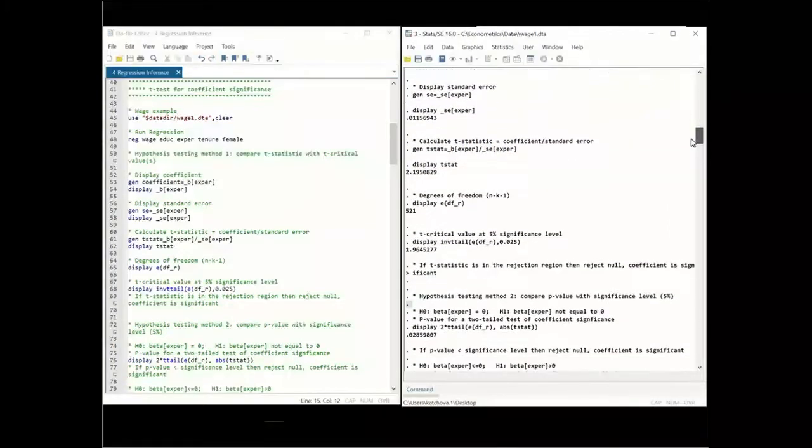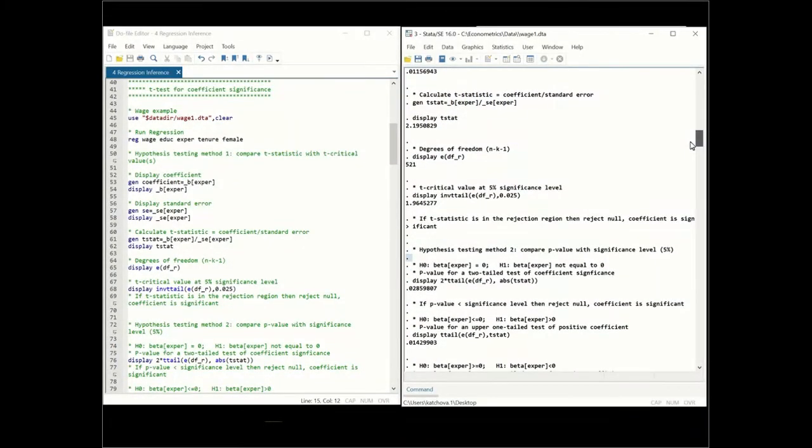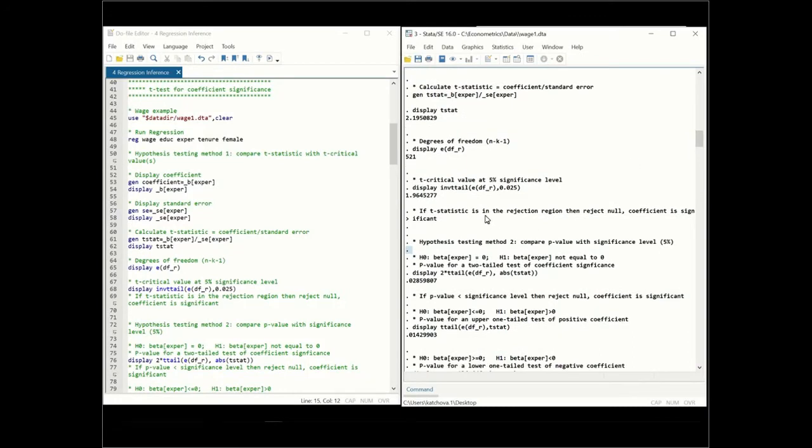Moving on, we can display what the critical value is for the t-test with 5% significance level. To do that, we would be using the command invttail.